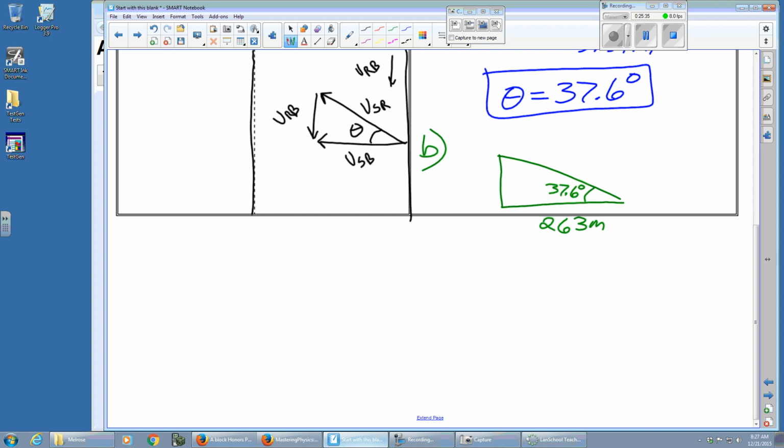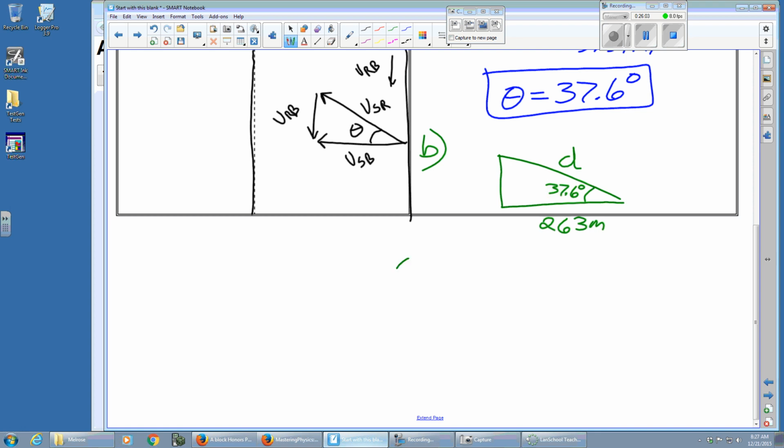Or I could find the velocity of the swimmer with respect to the bank, and then I know this displacement is caused by that velocity, all with the exact same time. So it's really up to me which one I do. I'm going to do the hypotenuse here. I'm going to figure out D and figure out the time it takes the swimmer in that direction.